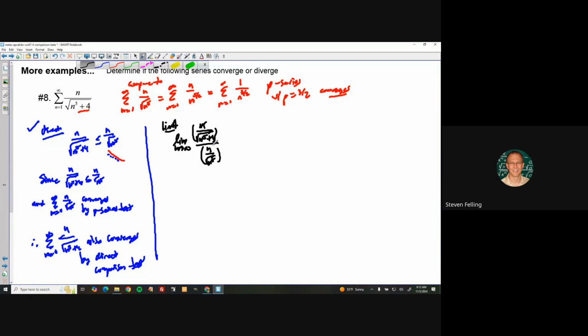Right, these n's will cancel, and we're finding the limit as n approaches infinity of the square root of n to the fifth over the square root of n to the fifth plus 4. Okay, so at this stage, maybe I would just look at that and say, wow, this is a hard limit to compute. With radicals, L'Hopital's rule is not going to work really well. So I think at this point I would abandon that and switch over to direct. There's too much work involved to try to do the limit. But thankfully, direct was on the right side.